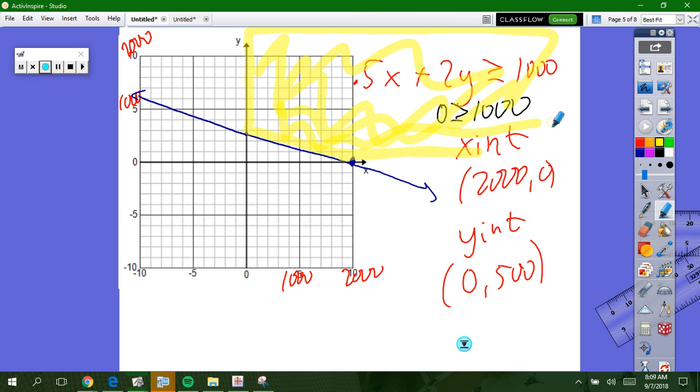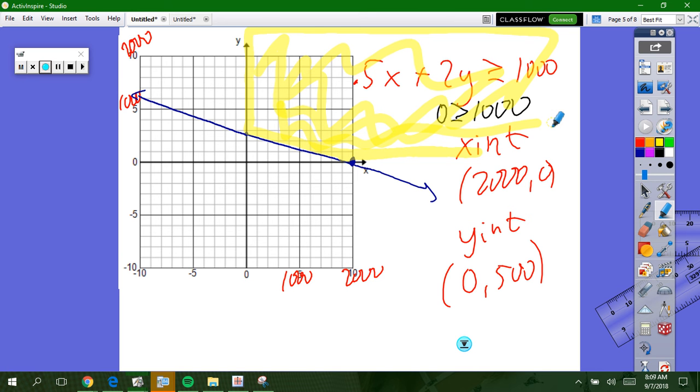Not negative money, but negative, because what's the x-axis represent? Candy bars. Can I have negative candy bars? Can I have negative candles? No. So that's why this is my solution. Even though my graph's continuing on, I'm not going all the way down there because that's below the x-axis. Doesn't make sense to sell negative candy bars or negative candles, does it?